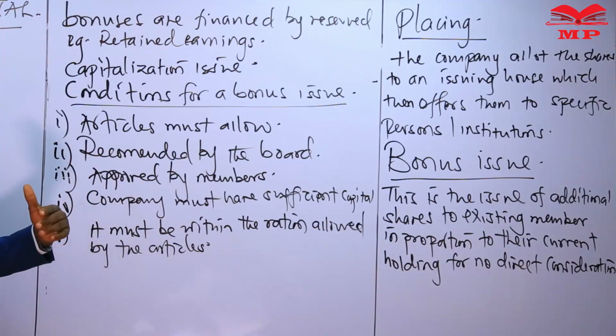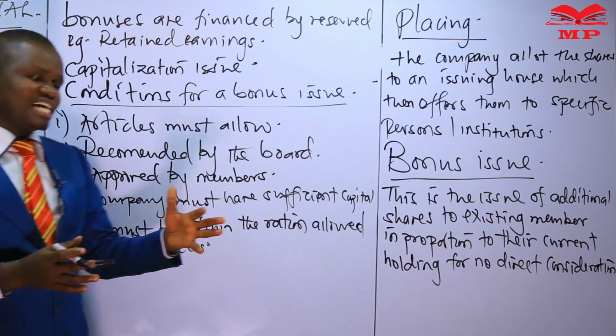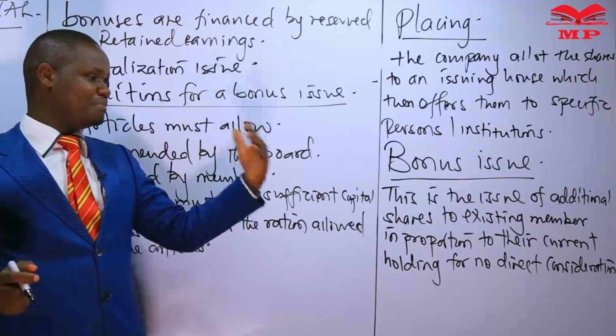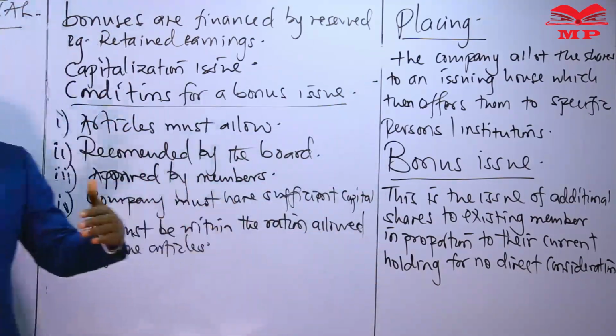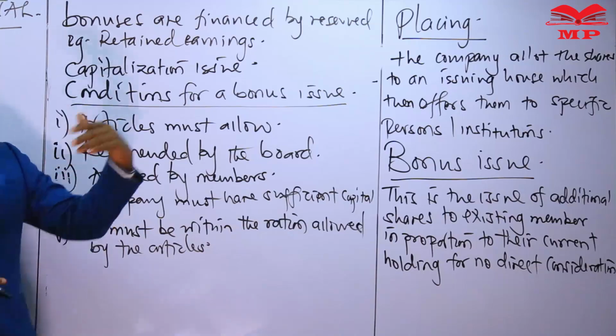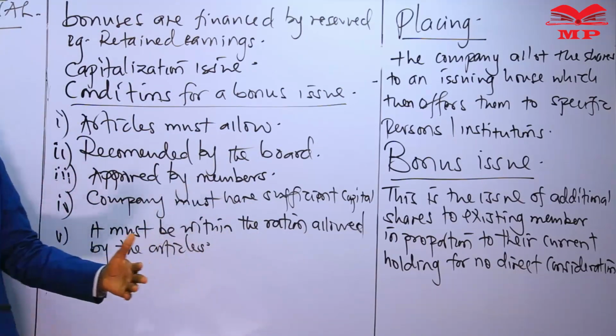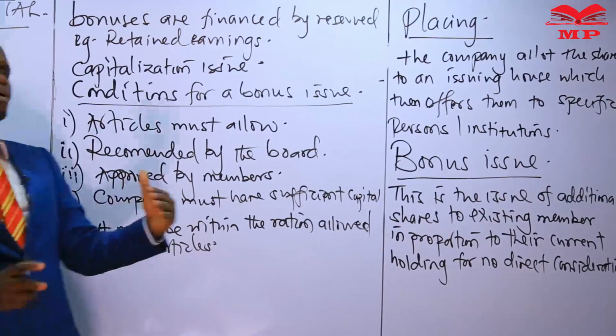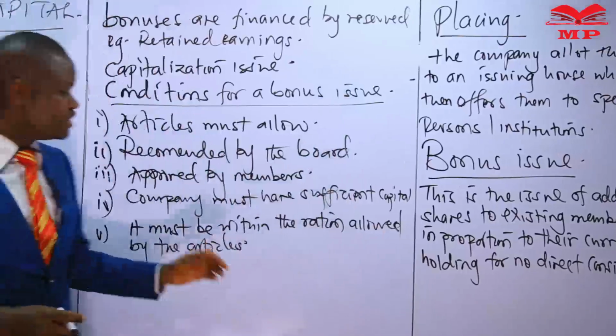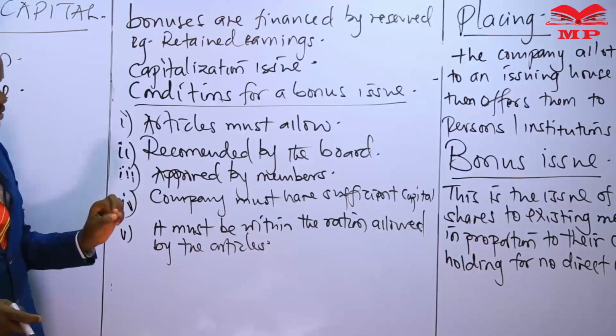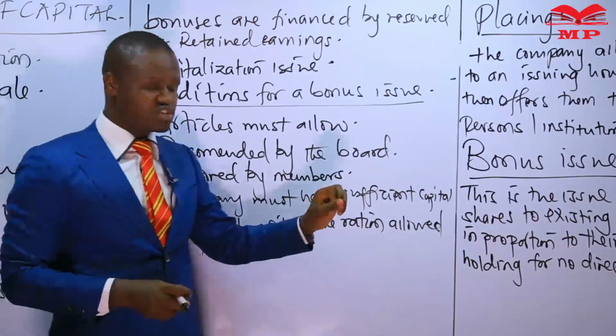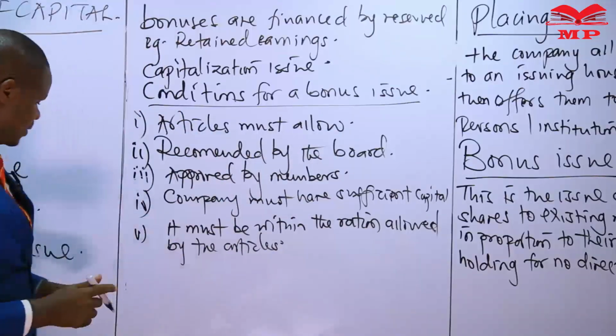So the articles will also go on to tell us how many shares per existing share can be issued as a bonus. Can we get a bonus of 1 share for every 10 existing shares we have? Do we get a bonus of 1 for every 20 shares we have? So the bonus must always be paid within that ratio that the articles are allowing.